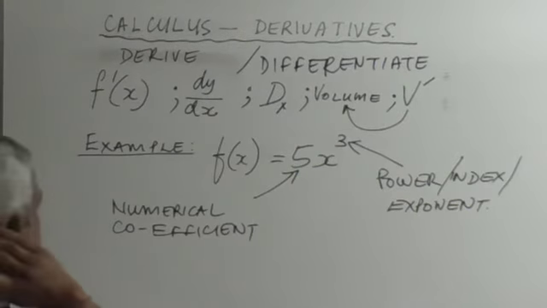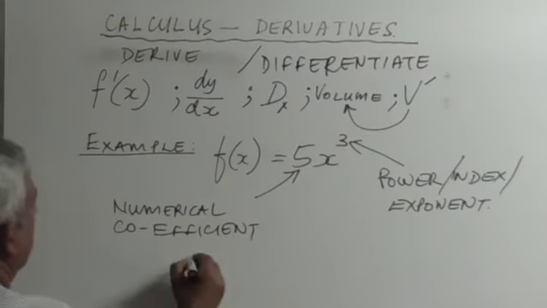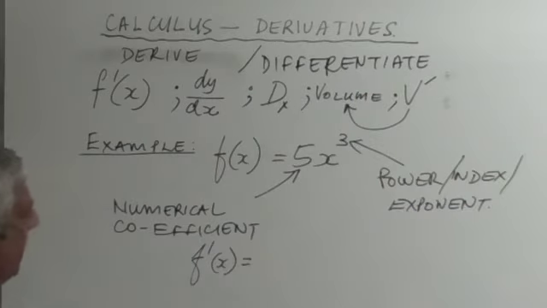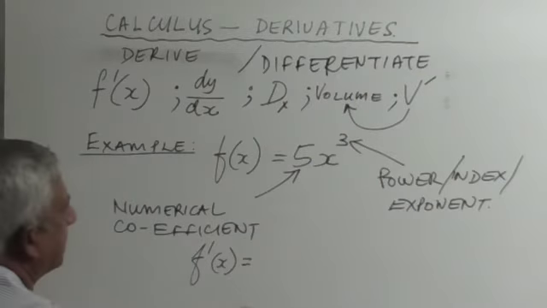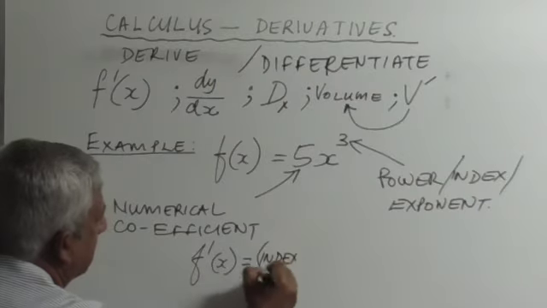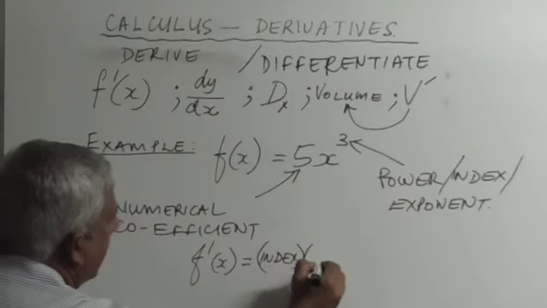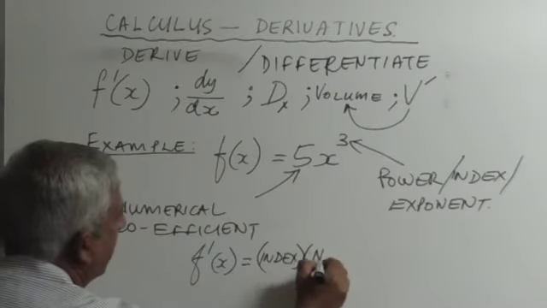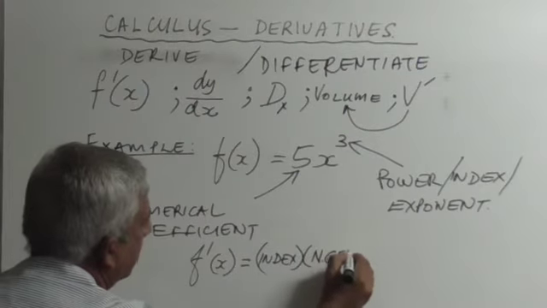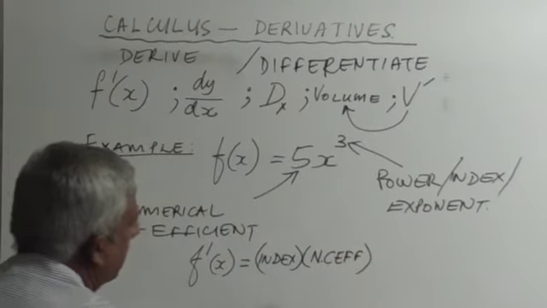So if you're finding derivative, so say you said f prime x is equal to the index times the numerical coefficient, right?